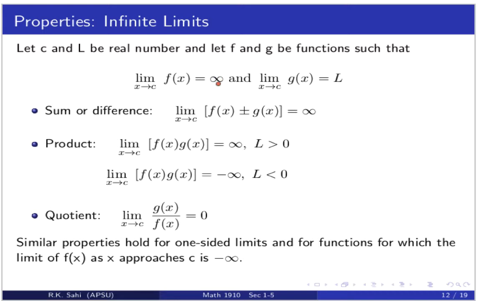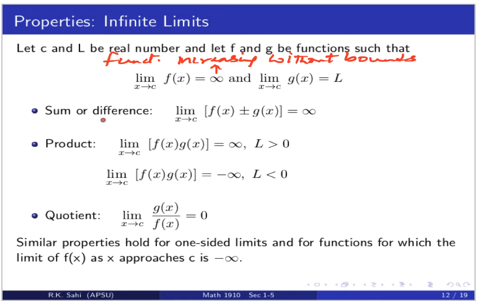Rather, it tells us that the function is increasing without bounds. Let me write it down. The function is increasing without bounds. Okay, and the limit of the function g(x) as x approaches c is L, and this is a real number.